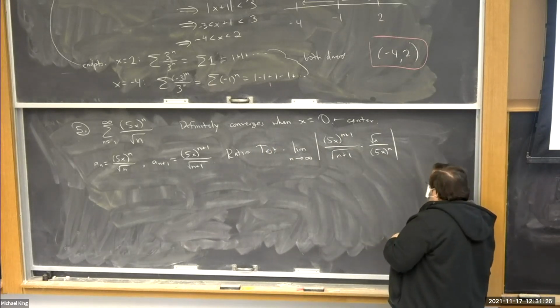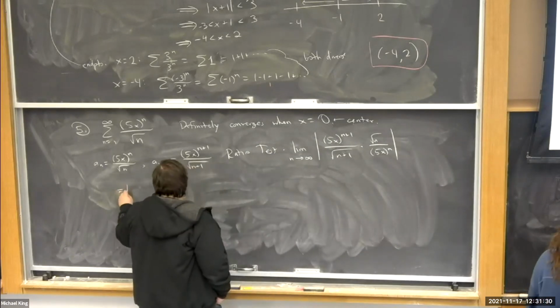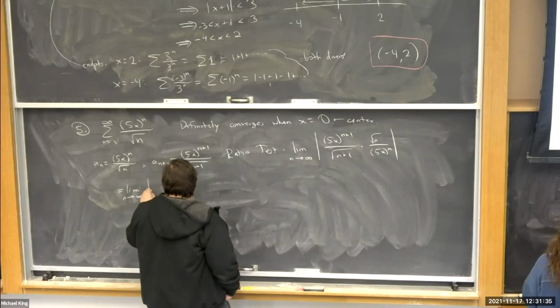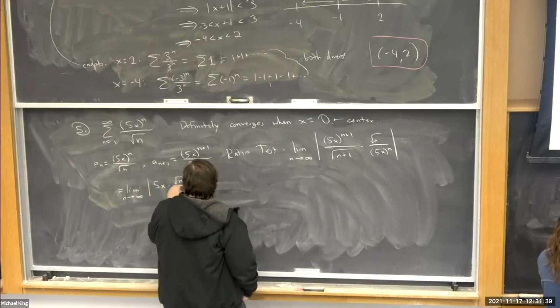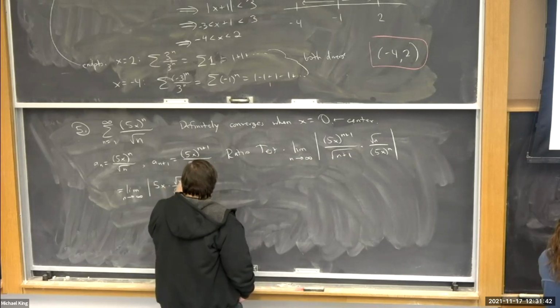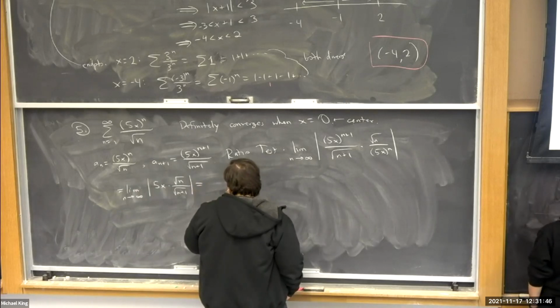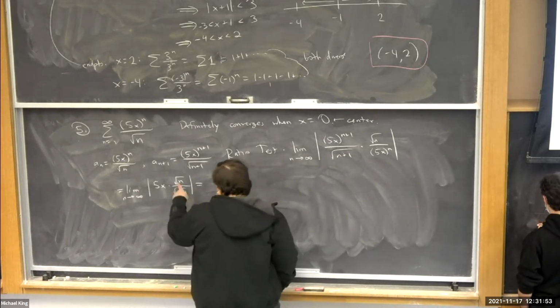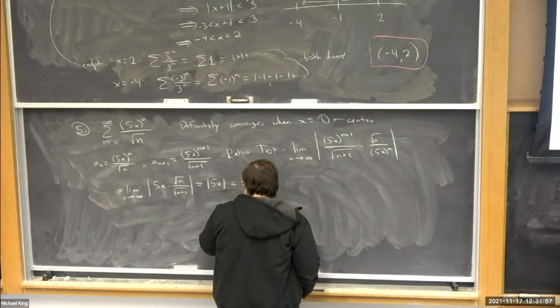So we get cancellation again, right? Hopefully we're getting to realize that this is going to go to 1. So we just get absolute value of 5x less than 1.